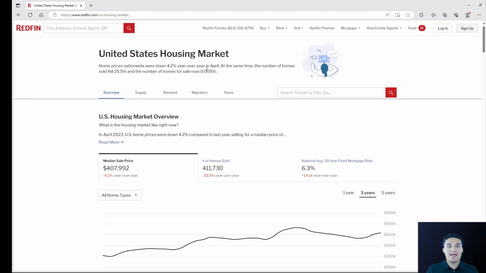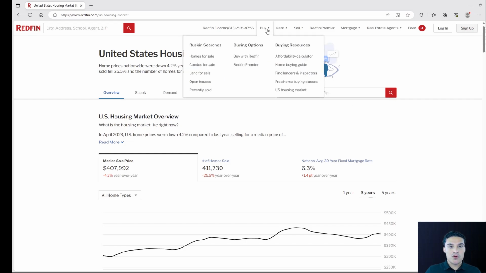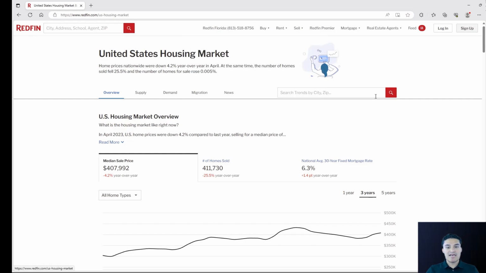These places are not going to feel that recession right off the bat. It may take a year or 2 for that to even happen in that area because of the developments. You want to understand every single thing that you can about your own local market so that you define where you're going to be investing. So again, we go to Buy, and then US Housing Market.